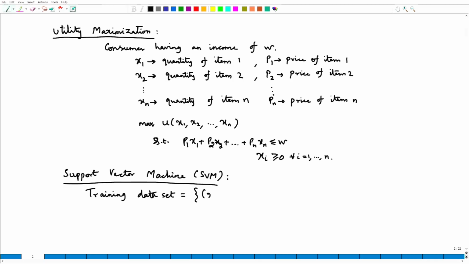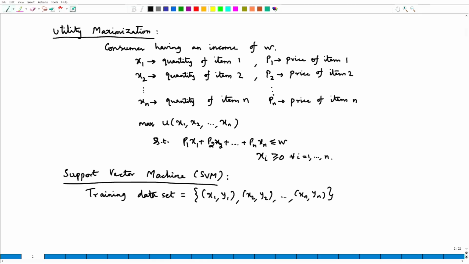which is represented as x1 y1, x2 y2 dot dot dot xn yn, where x1 x2 dot dot dot xn represent the features and y1 y2 dot dot dot yn represent the labels. Okay. So, that is for each data point.